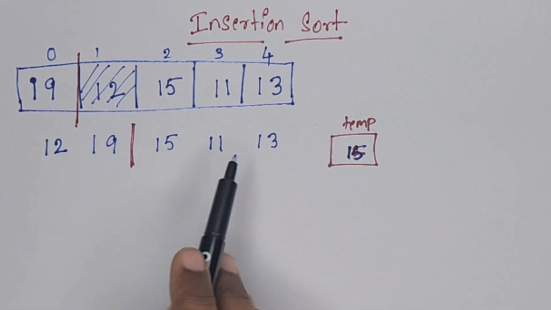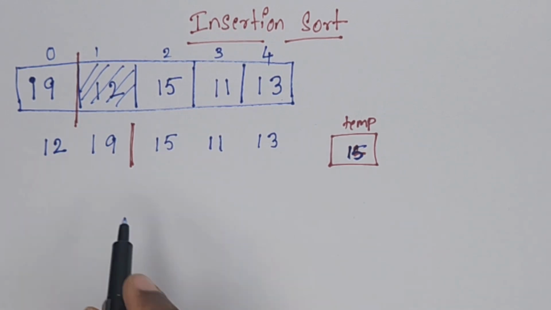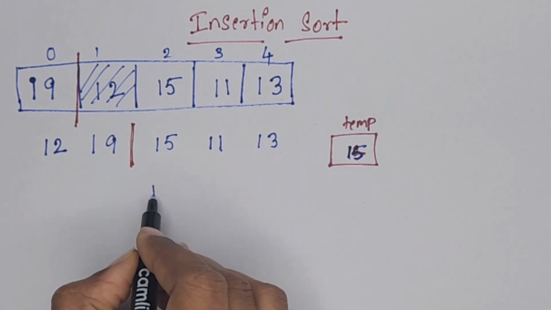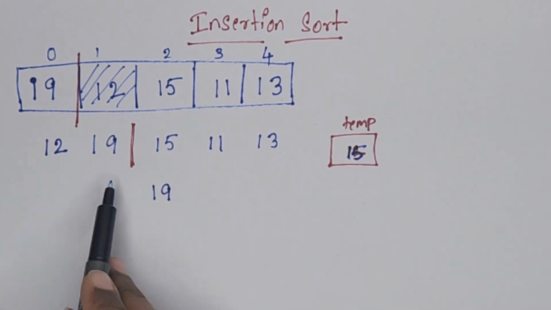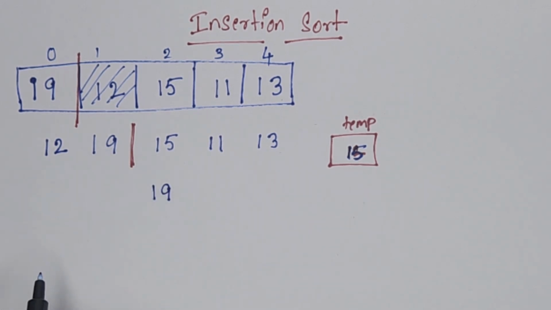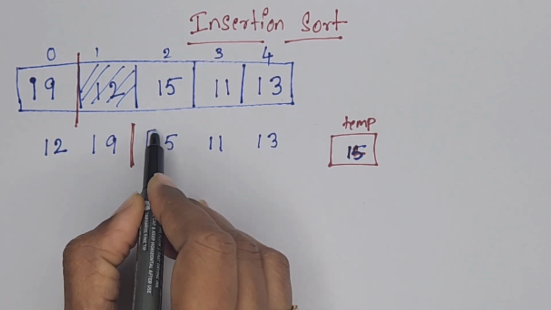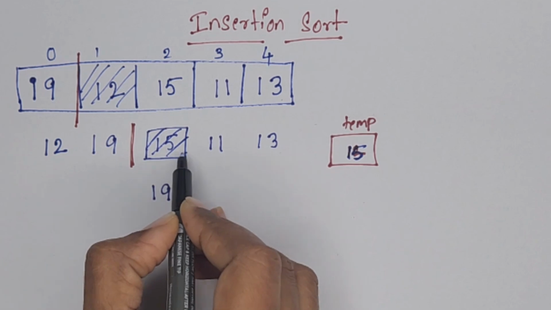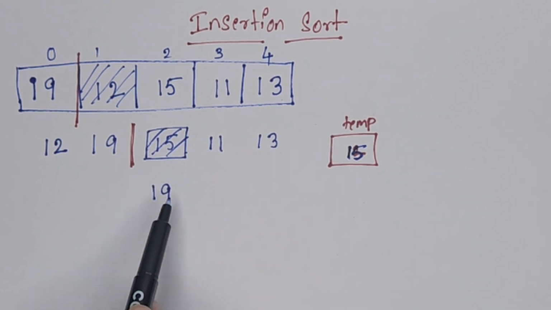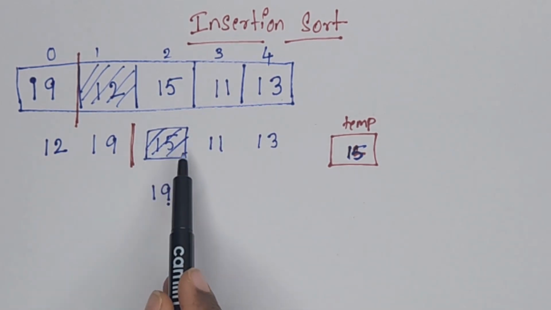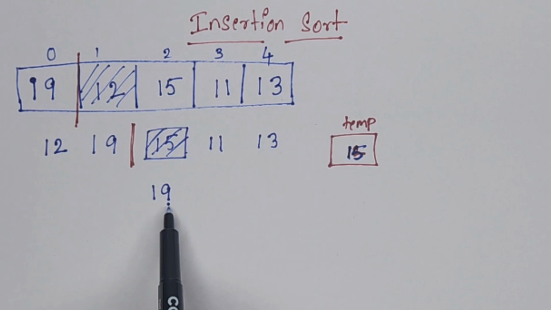Is 19 greater than 15? Yes. So just shift it one place to the right, meaning in the next location we have to store this 19. See, I have already assigned 15 to the temporary variable, so in this place I can overwrite it. Now we can overwrite 15 and store this 19.